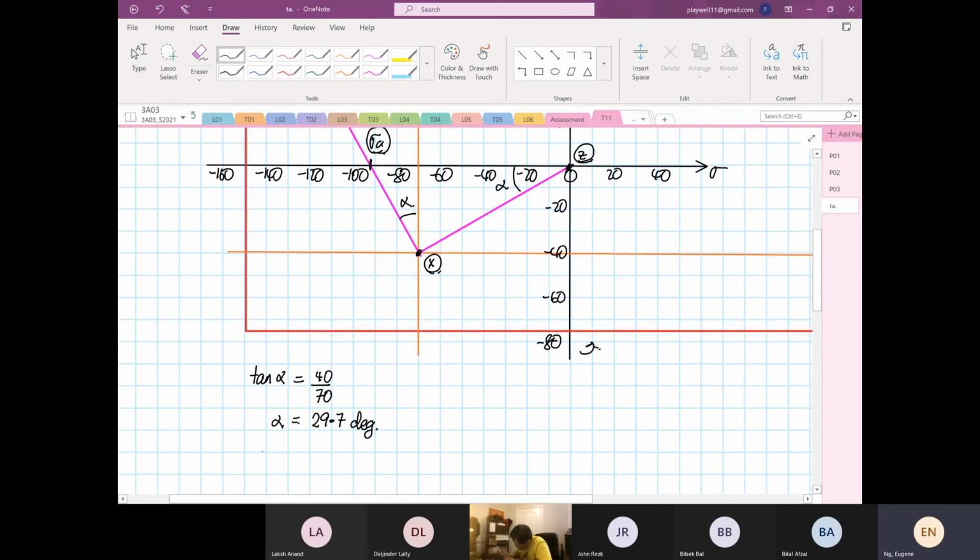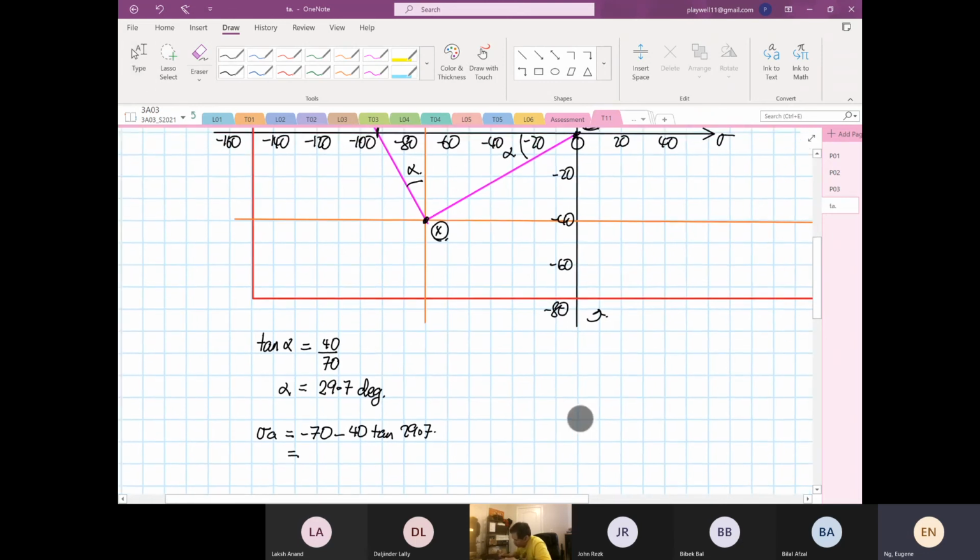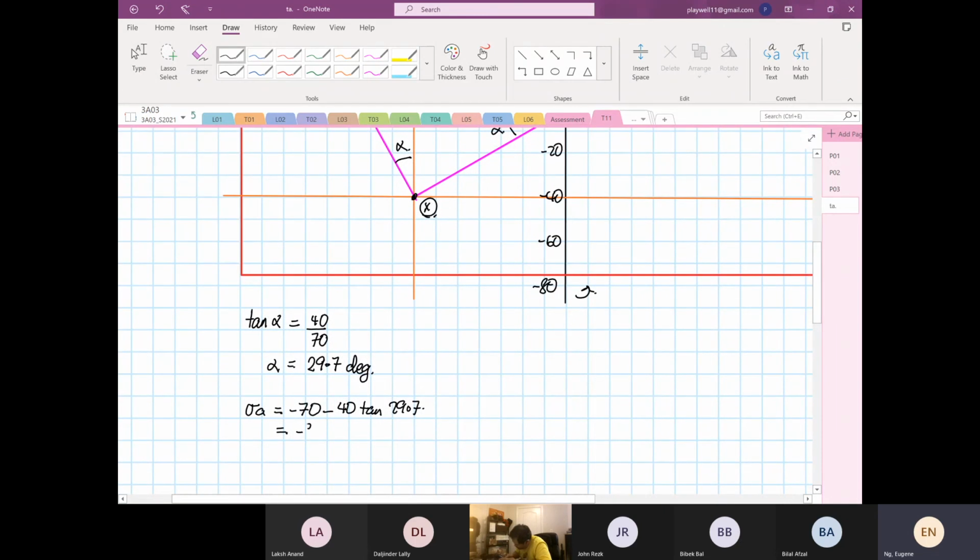So we can find our stress A. Stress A is equal to minus 70, minus because it's going to the left-hand side, minus 40 over tangent 29.7. So tangent 29.7 times 40 plus 70, it's equal to minus 92.81 megapascal.